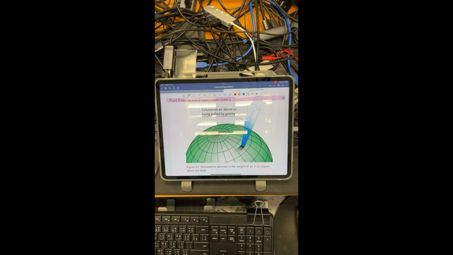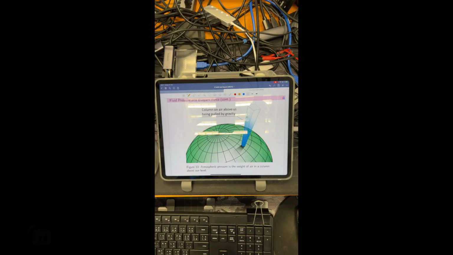Due to the rotation, as you have seen in the previous semester, the Earth rotates around itself, and the water in the sea, in the ocean, has centrifugal force. So it makes the shape go from a perfect spherical shape to a spheroid.